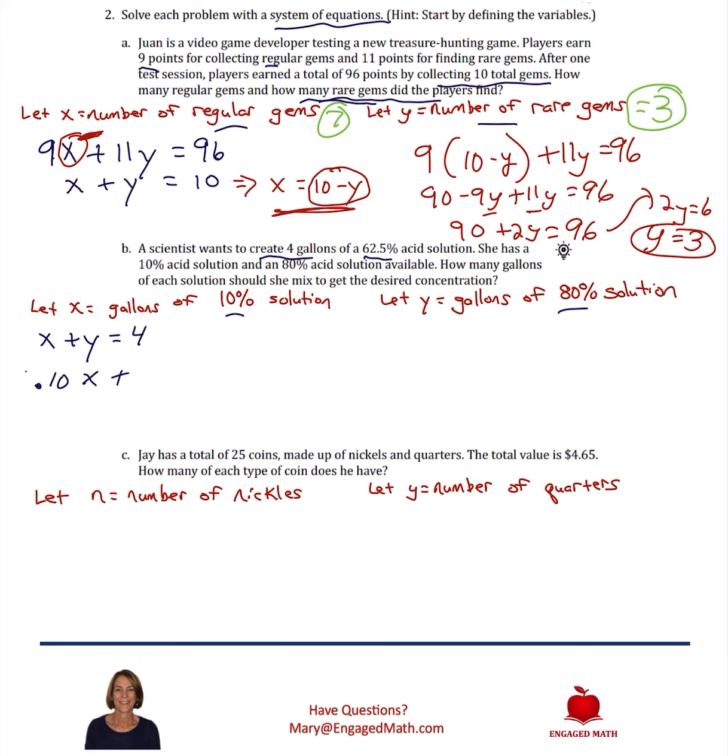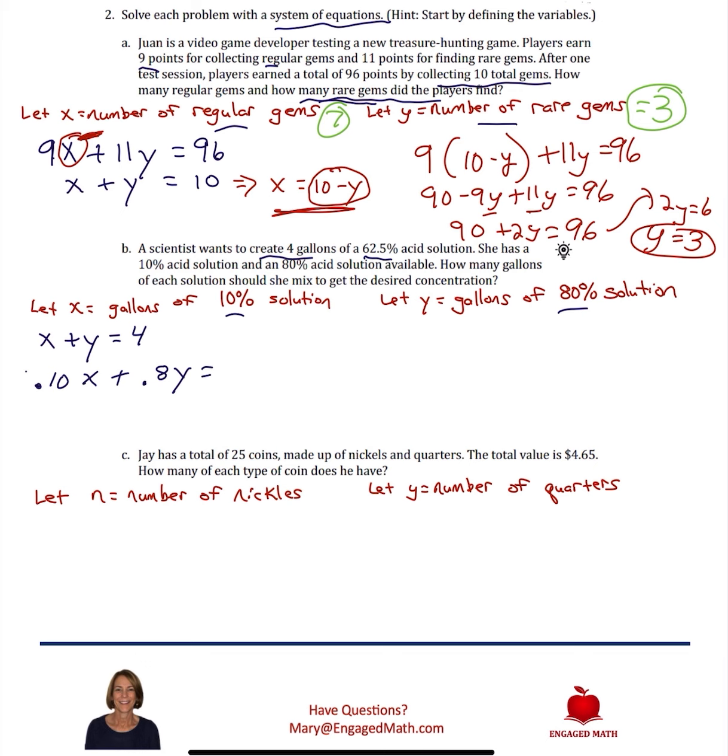Plus, we're going to get 80%, so 0.80, or we could just say 0.8 of the 80% solution. That's how much acid we're going to get from the 80% solution. I showed it to you both ways, that we could either write 0.10 or 0.80. 0.10 is the same as 0.1, 0.80 is the same as 0.8.